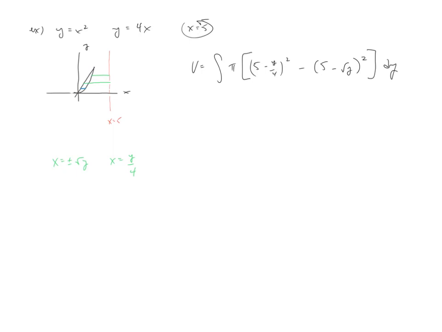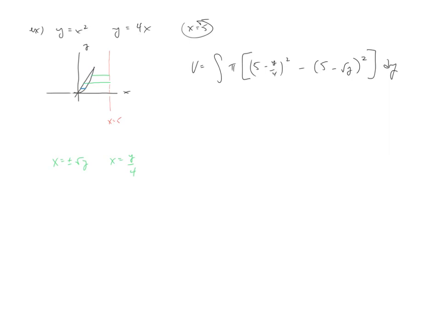Okay, so again, this is a really good problem in emphasizing not formulas, but basic geometry. If we're taking this thing around the axis of x equals 5, then your radius for each of these would have to then be, of course, shortened from 5. They're shortened from 5 by an amount of y over 4 and root y, respectively.